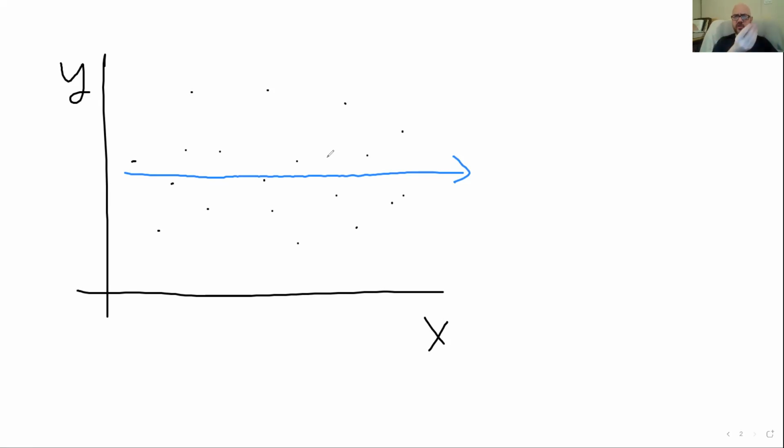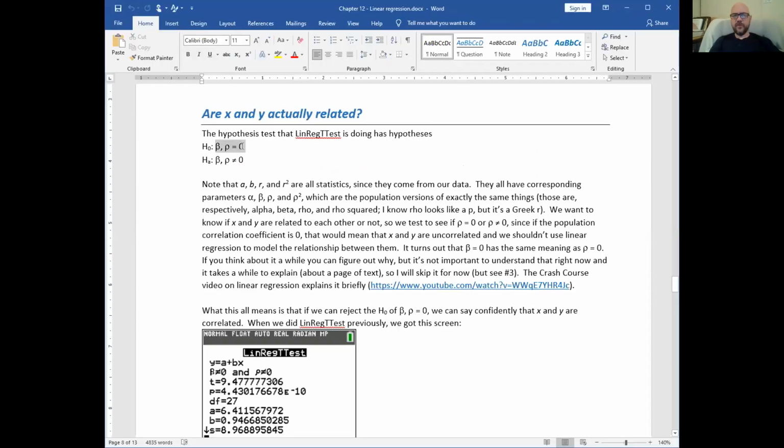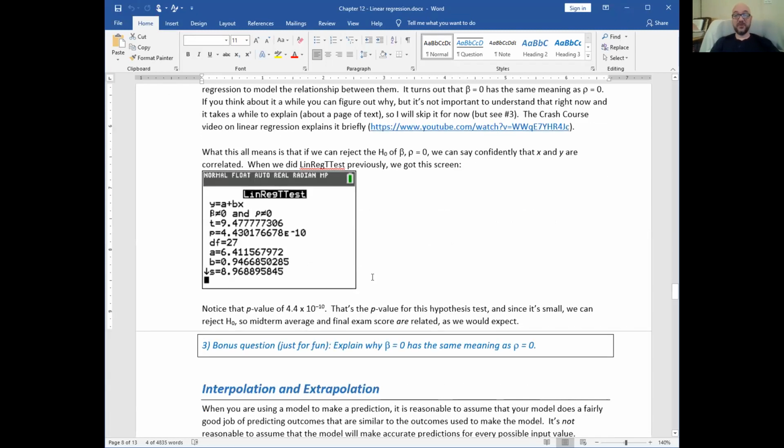So as far as I know, they're just doing the test with r. I actually don't know what the test would be with beta, but we could figure it out, but I'm not going to worry about it. So that's why we get these null and alternative hypotheses. There you go. Okay, tangent over, extra information over. Back to your regularly scheduled regression lecture.